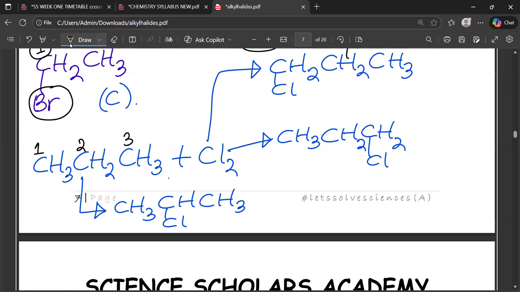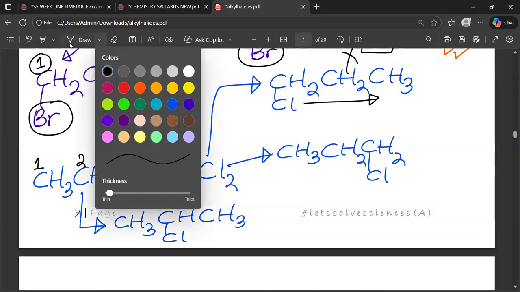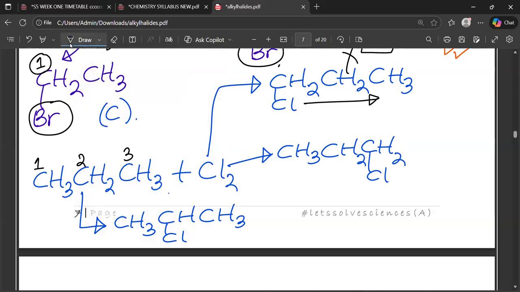So for this case, when I consider this direction, where the Cl is touching will be carbon number 1. Hope you get. When I go to the second, considering the lowest possible position, I will have to take this direction so that still I give this carbon position 1, which is the lowest possible.